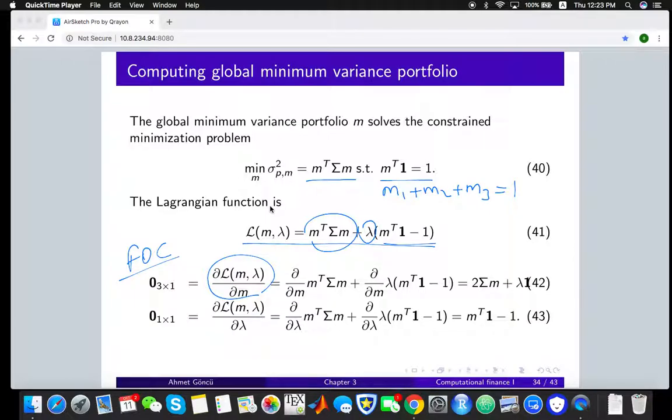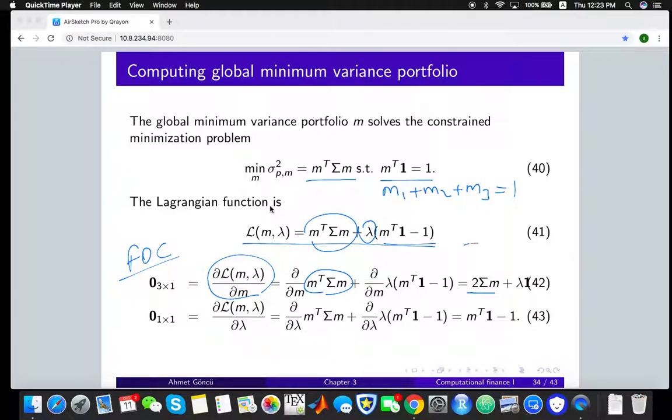Here you need to take the partial derivative of this Lagrangian with respect to each investment weight m_i. But simply we can represent this in vector notation. Since this is a quadratic term, you are taking the derivative of these quadratic terms with respect to each m_i, and this can be simply written as a vector. Notice that here sigma is the covariance matrix.